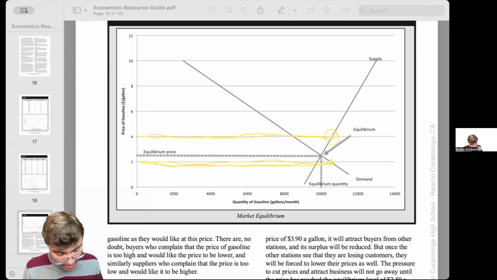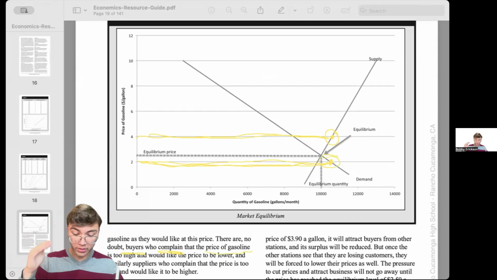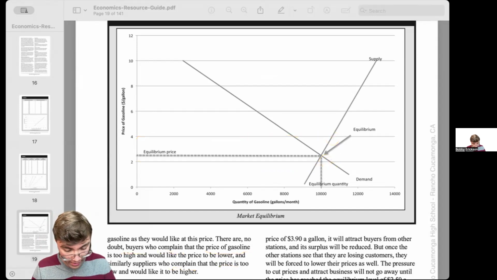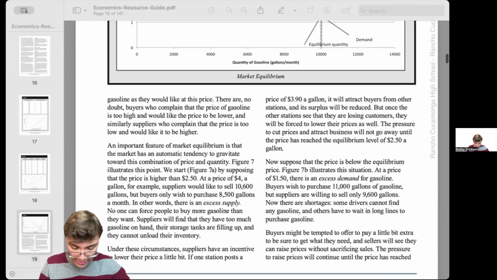So this is where it's saying there are buyers who would complain about the price of gasoline. That's these people who are below the equilibrium price. And then the suppliers complain the price is too low and would want to supply it at this higher point right here. So that's what it means for it to be at this graph.